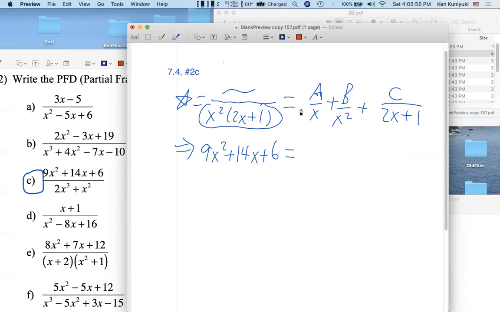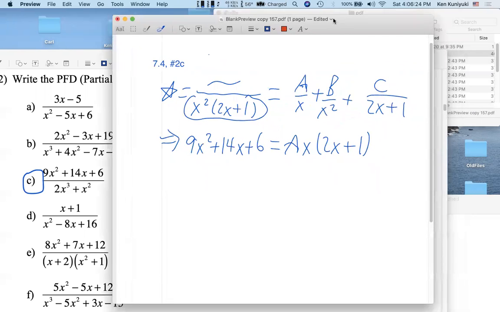That equals A times what's missing: when you multiply this fraction by all this, one of these x's knocks out, but another x survives, and the 2x plus 1 survives. We're asking what pieces in the bottom are missing from the LCD, and those are the pieces that don't get canceled out.